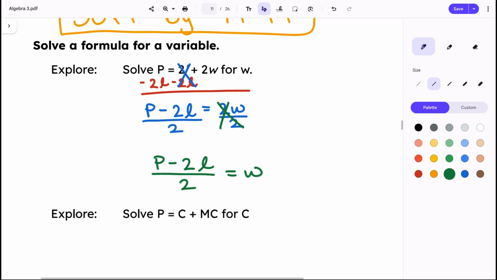Anyone know why? Two doesn't go into P. What number's in front of the P? A 1. If you're going to take the 2 out from like the bottom, you have to be able to take it out of every single term in the problem. And you can't do that with the P. So that's why you can't take that 2 out. You have to leave it right here.